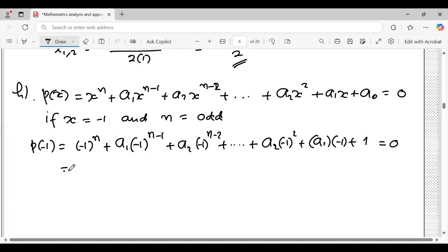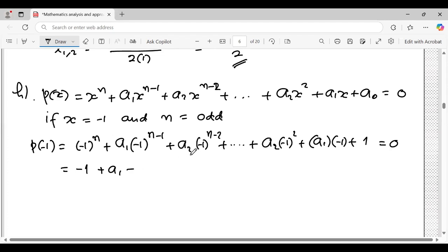If you calculate, this is minus 1, plus a(n minus 1), because minus 1 power odd number minus 1 becomes positive 1.